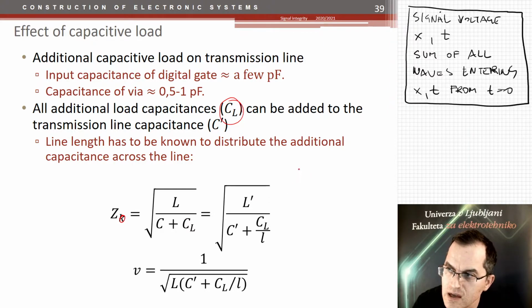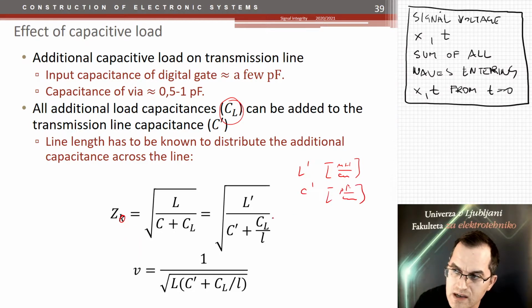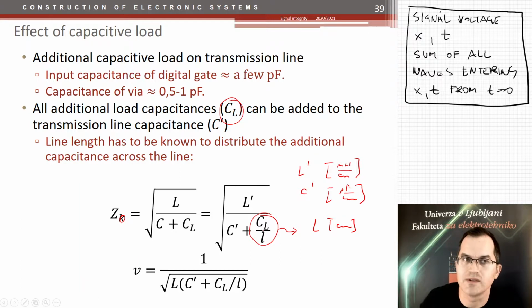Let's say we want inductance in nanohenries per centimeter, capacitance in picofarads per centimeter, and so on. So we say the load capacitance is distributed over the length in centimeters, and this can be put in as distributed per unit length.